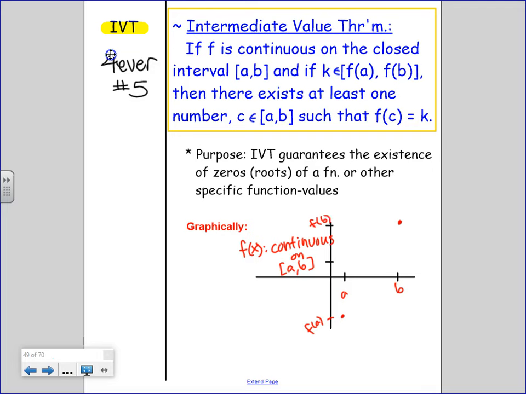If I couldn't see anything in between, what could we still definitively say by intermediate value theorem?